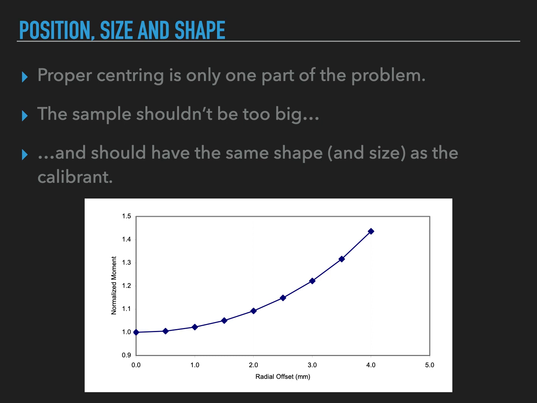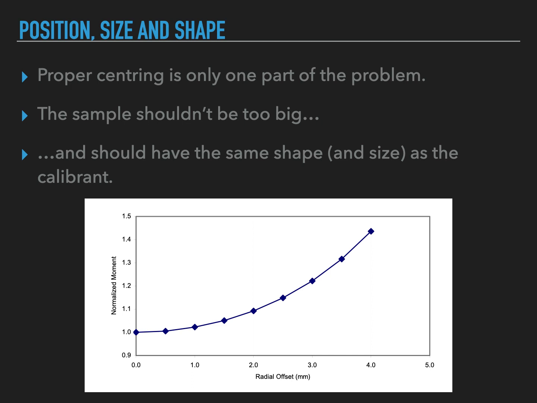You have a similar problem concerning the sample size. The sample shouldn't be too big, because the size of the sample affects the accuracy of the measurement of the magnetic moment. And in principle, and that is really hard to obtain, the calibrant should have the same shape and size of the sample.